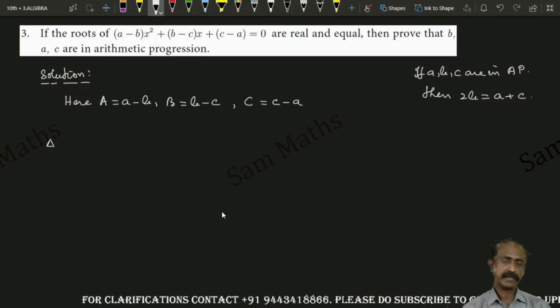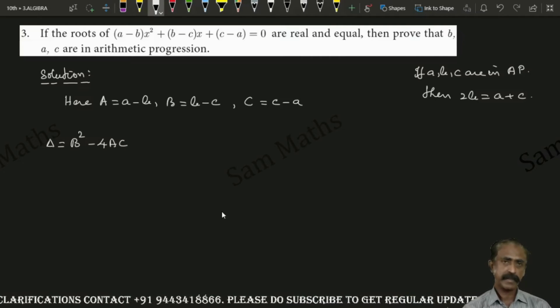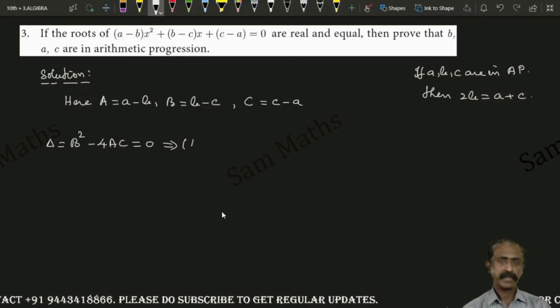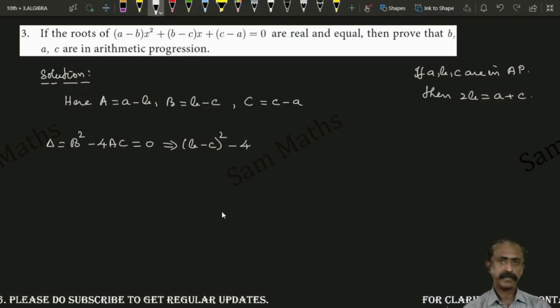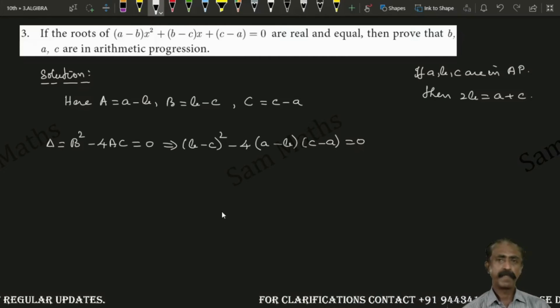Therefore, delta is equal to b square minus 4ac equal to 0, which implies b square value, that is b minus c the whole square minus 4 into (a minus b) into (c minus a) equal to 0.